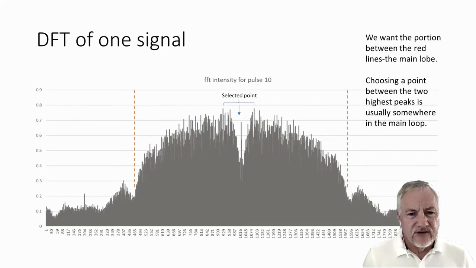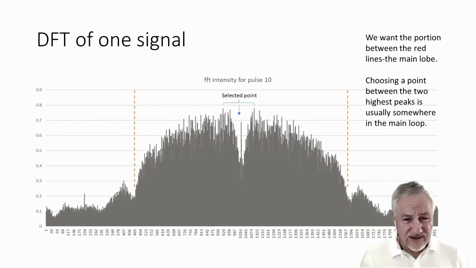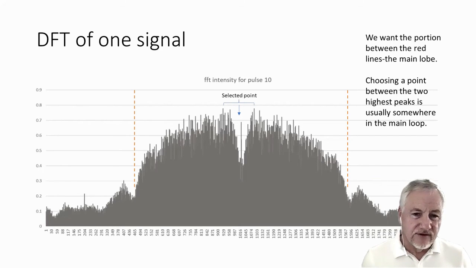I call this the center, and you'll hear me mention the center point. It's not exactly the center of the FFT or the DFT, but it is somewhere in the main lobe. And that's all we really need to do, is get somewhere in the main lobe. So it is actually the center of the highest two points.